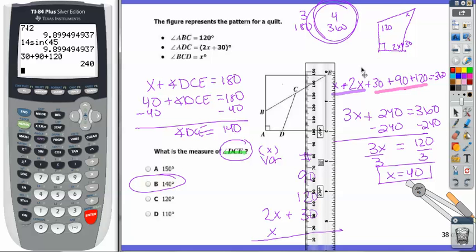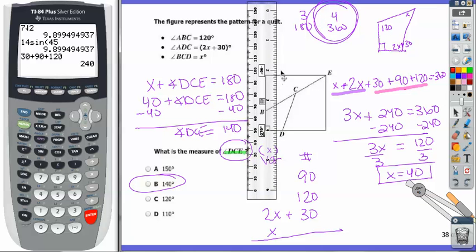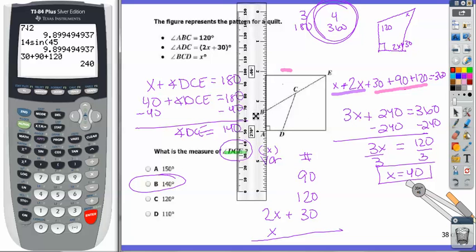Now, what's so special about my ruler is that it has these little marks right here. Those marks are 90 degrees. And if you notice down here where the number 4 is, it's lined up perfectly. So if I scoot this over, you can see that that's a 90-degree angle.